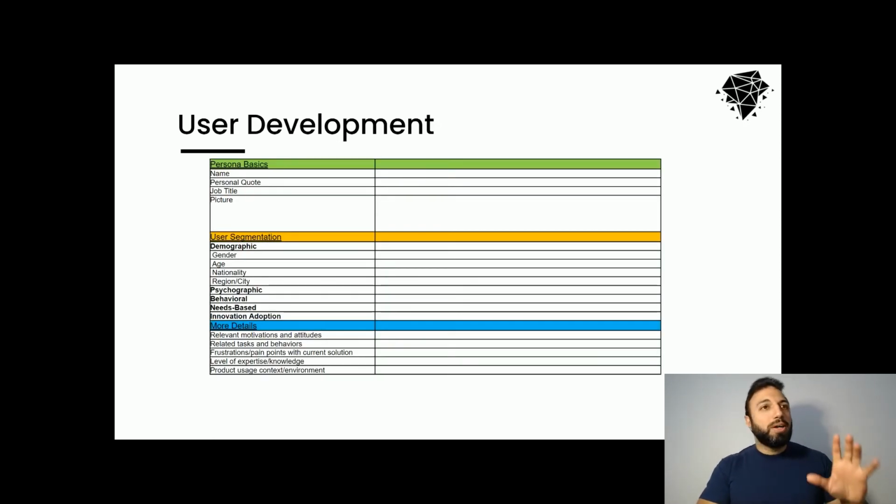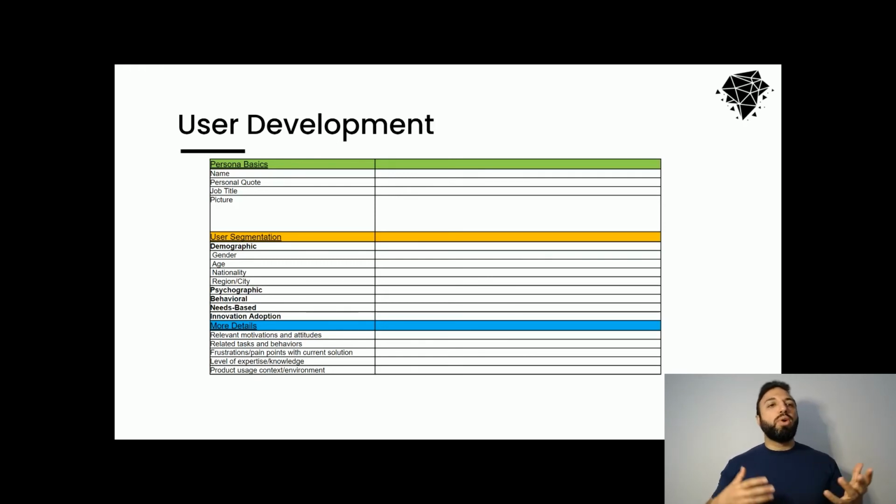A typical template is something like this. Who's the name of the person? What is a personal code for that person? Job title, picture, some demographics, gender, age, nationality, region, psychographic, behavior, needs, innovation adoption, etc. And we're going to talk about innovation adoption in a second because I need the chart to explain that in more detail.